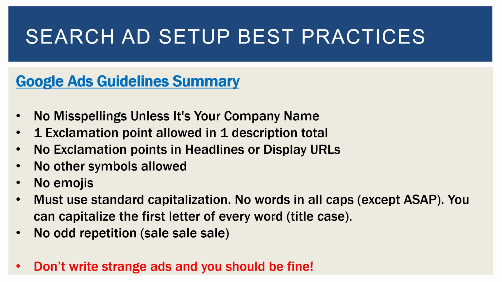Must use standard capitalization, so no words in all caps unless it's approved, like ASAP or some other abbreviation that's common. You can capitalize the first letter of every word, like title case. You don't have to, though. That's just a common one you see in descriptions and headlines. And just no odd repetition, like sale, sale, sale. You have to say it's on sale this weekend or something like that.